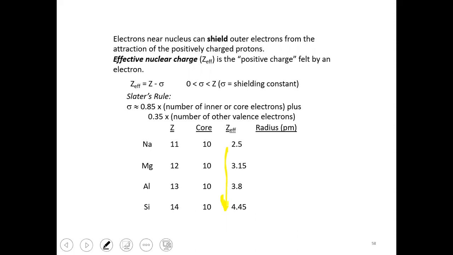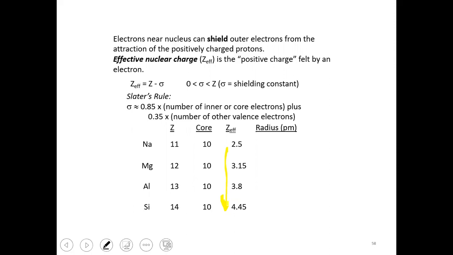So a valence electron of silicon is feeling a stronger charge from the nucleus than a sodium valence electron is. Therefore, an electron in the silicon valence shell gets pulled in a little tighter into the nucleus than a valence electron of sodium.